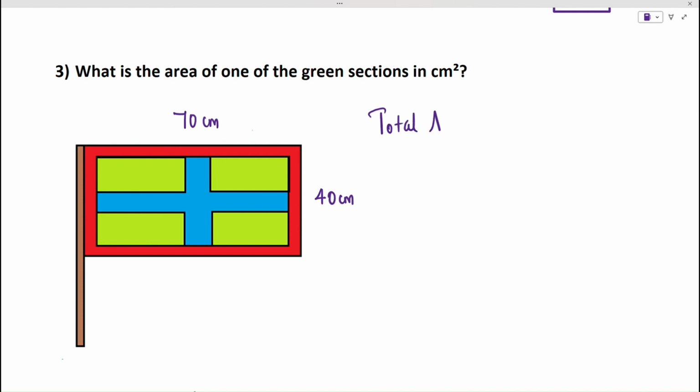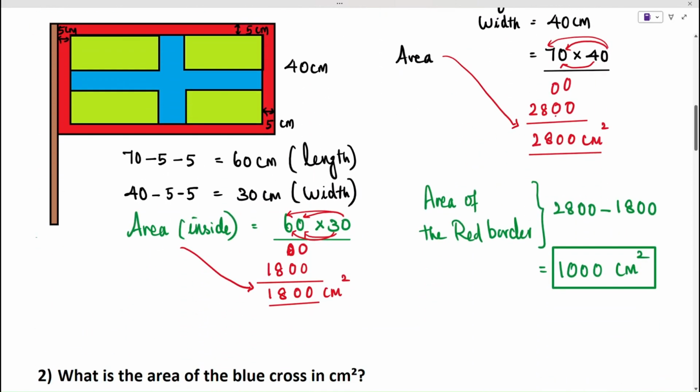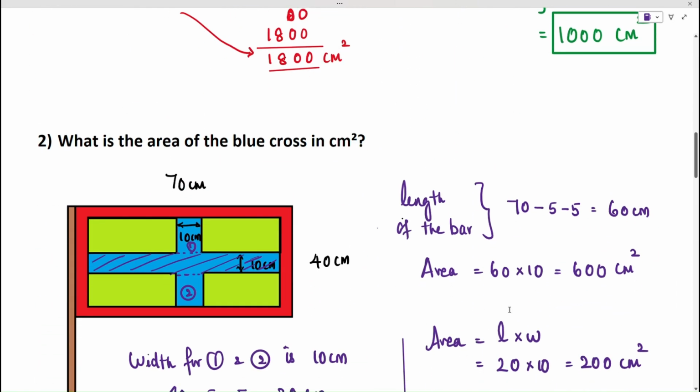So let's find the total area of our flag. We calculated this in our first question, as you can see here, 2,800 centimeters squared.